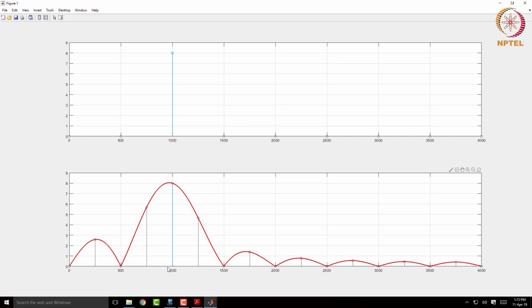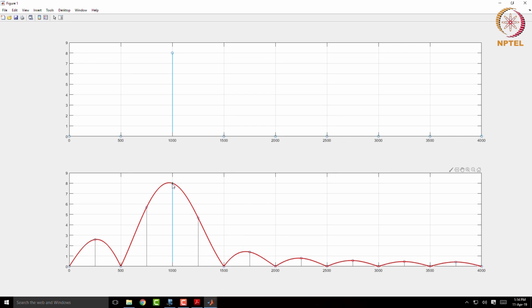So, as you zero pad more and more, you will be sampling the DTFT finer and finer, and you will get more closely spaced points. And notice that in the earlier case, the first subplot, the red curve is the underlying DTFT.